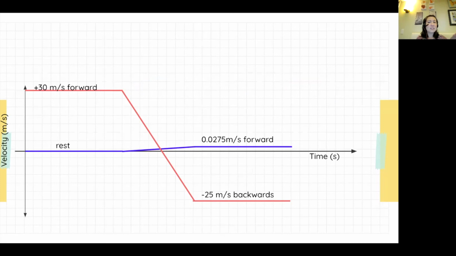So it experiences the same force, but less mass, less inertia means it has a much higher acceleration. Whereas the car experiences the same force, but it has way more mass. So its acceleration is small and it barely changes velocity.